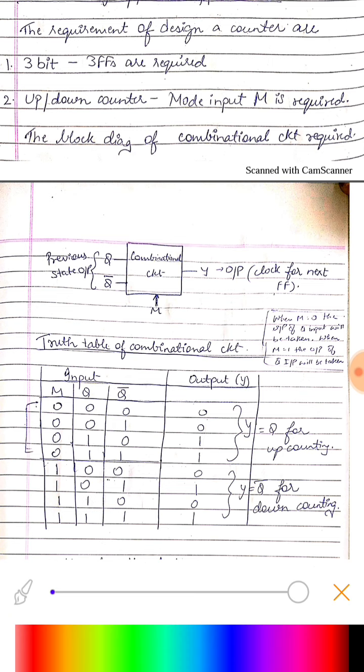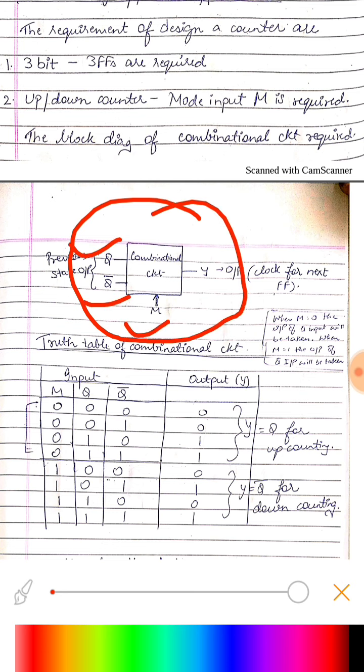It can be any combinational circuit which has 3 inputs Q, Q bar and M, and the output is Y, that will decide if this Q will go to the clock pulse of the next flip flop, or this Q bar would go to the clock of the next flip flop.